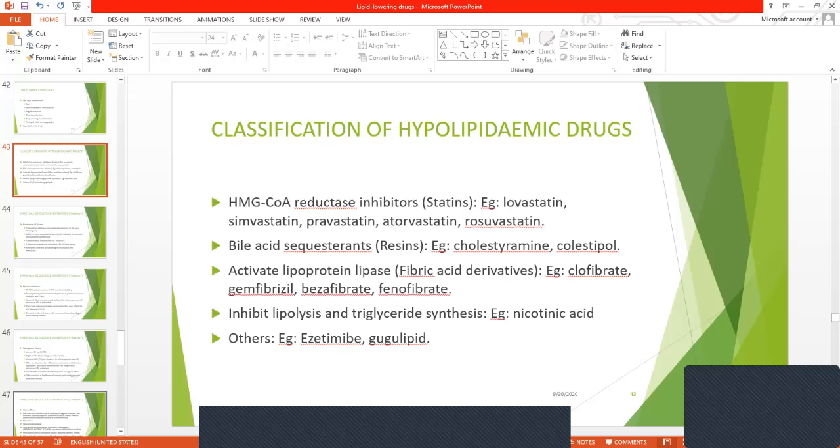Okay, so now we have just one medicine left, that is ezetimibe. Ezetimibe inhibits the intestinal absorption of phytosterols and cholesterol. It selectively inhibits intestinal absorption of cholesterol and phytosterols. A transport protein, NPC1L1, is the target of this drug.